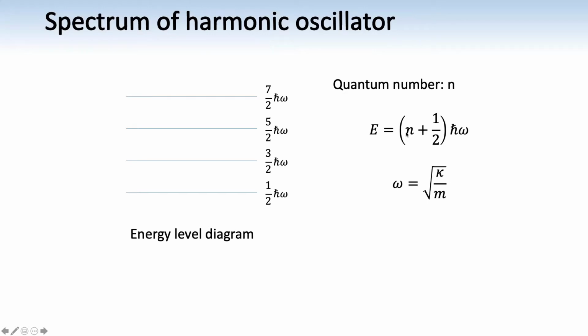And for n equals 1, we get 3/2, n equals 2, 5/2, etc. And notice that all the energy states are equally spaced. The difference between the energy levels is always h bar omega.